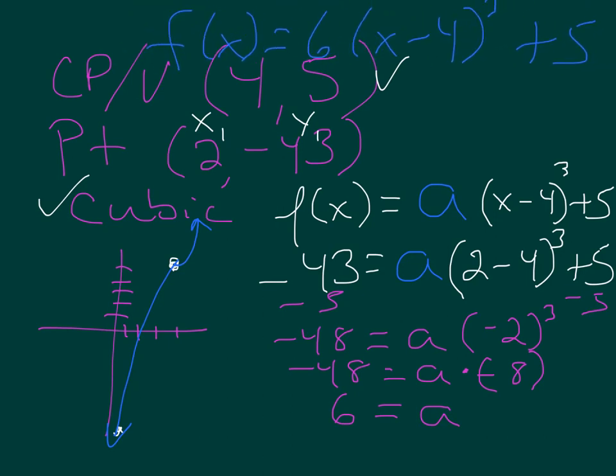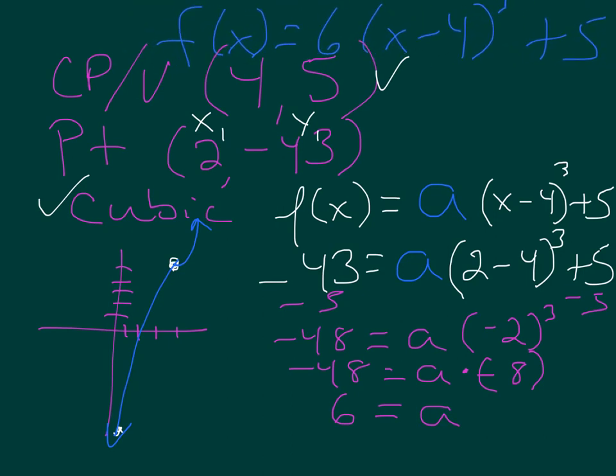Can you see this blue equation right here? f of x equals a, and remember, we found a to be 6, times x minus 4 cubed, plus 5. So this equation is, in fact, the equation of the function that I'm looking for.